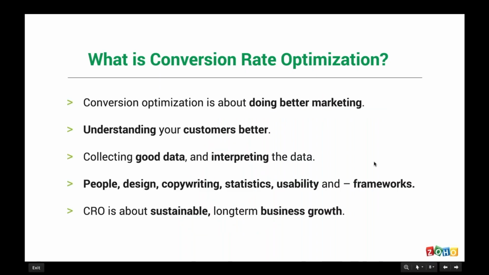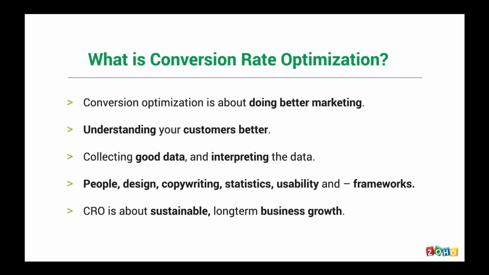Conversion rate optimization is about doing better marketing. It's about understanding your customers better and providing them with a better experience, helping them complete the tasks faster, and simplifying everything. We can do this by knowing, not guessing. The difference between knowing, or as we call it forming an educated hypothesis, and having an opinion is data.